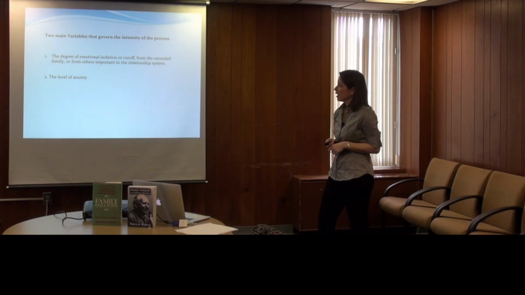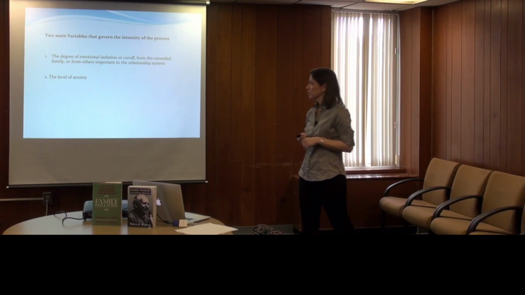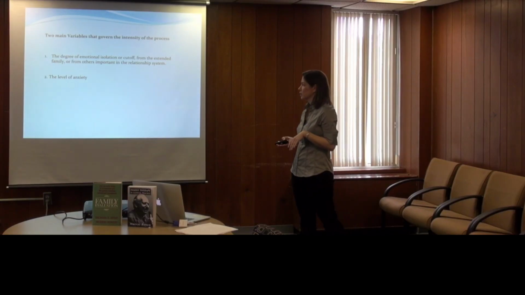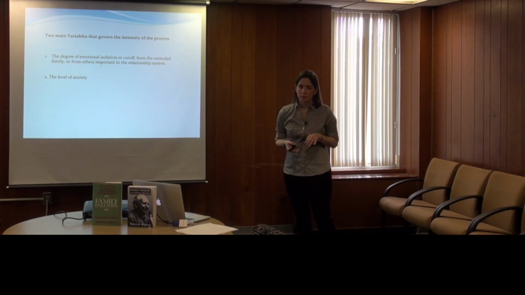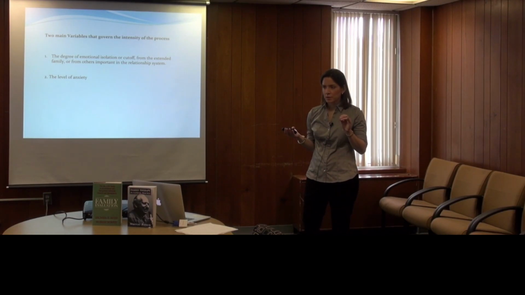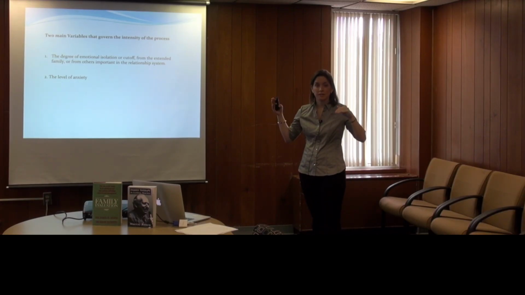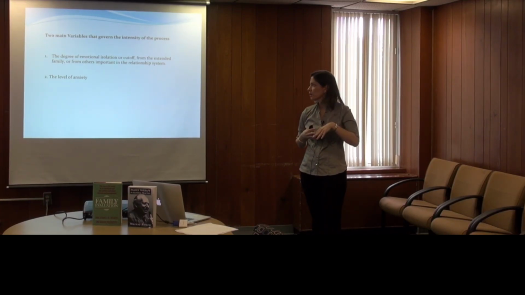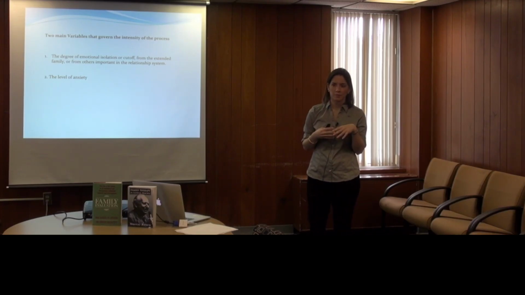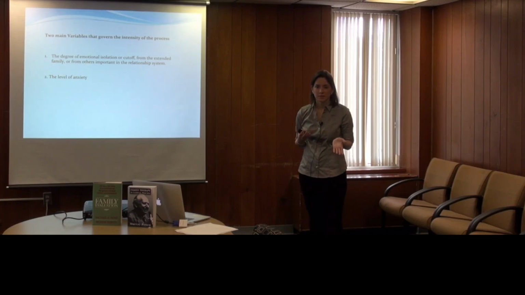So there are 2 main variables that govern the intensity of the process. The first is the degree of emotional isolation or cutoff from the extended family, or from other important others in the relationship system. If families tend to be cut off from their extended families, there's likely to be more intensity of pressure within that family, which could result in more children with clinical symptoms.